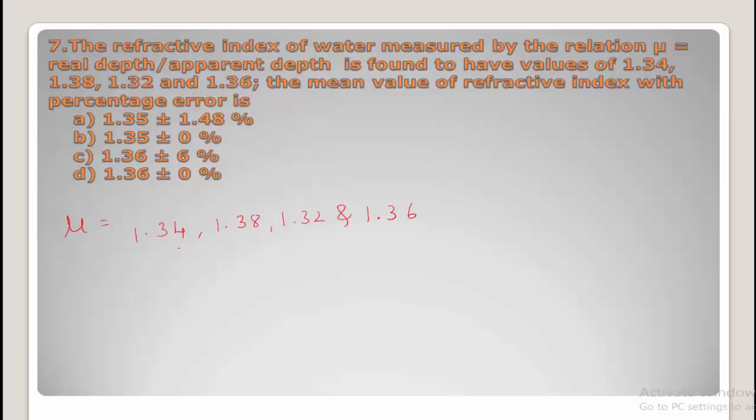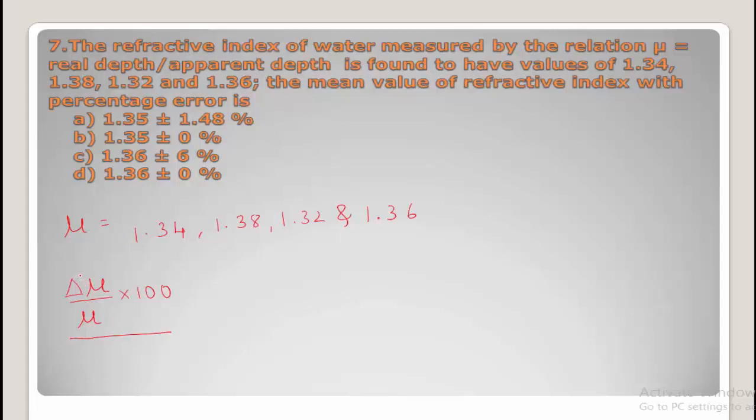These are the measured values. So now we have to find the percentage error. So for percentage error, what is the formula? Delta mu divided by mu into 100. So this is the formula for percentage error.